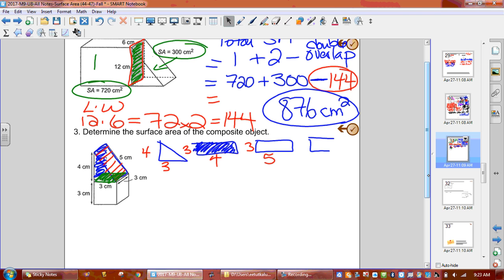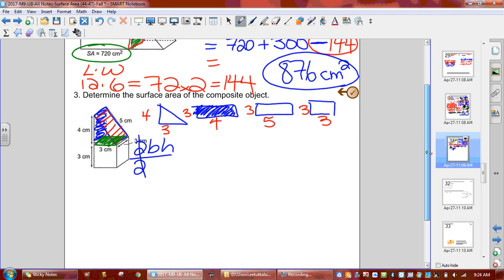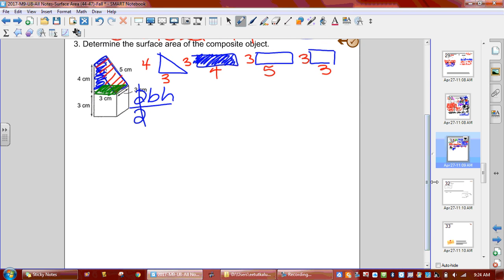So now we need to find the area of all those objects. But remember, with triangles, it's 2 times base times height divided by 2, but the 2's will cancel. So we're only doing base times height for the triangles. So now, for the triangles, we're going to have 12 centimeters squared.